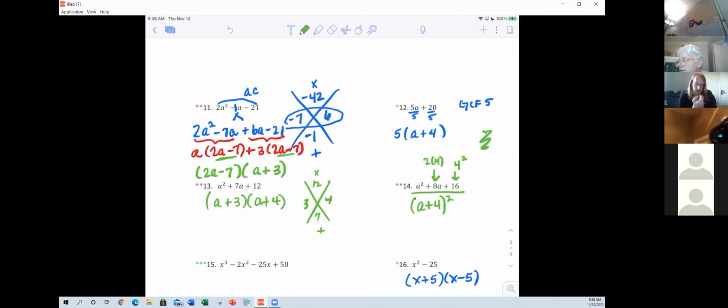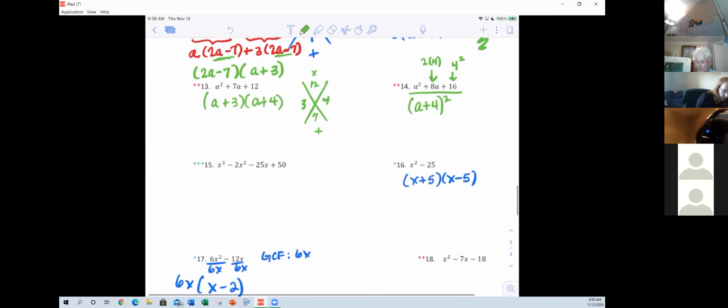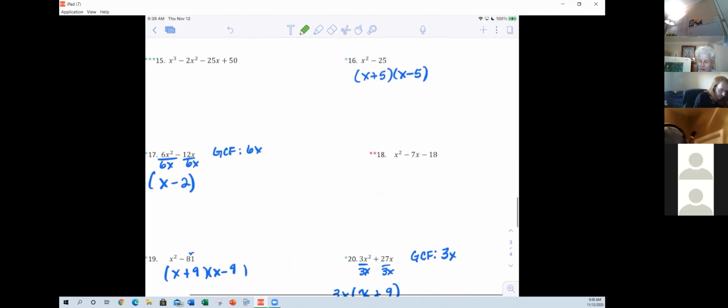And then the last type of polynomial that we have is 4 terms. Like, oh no, we still got a couple more. One more 3-term polynomial.